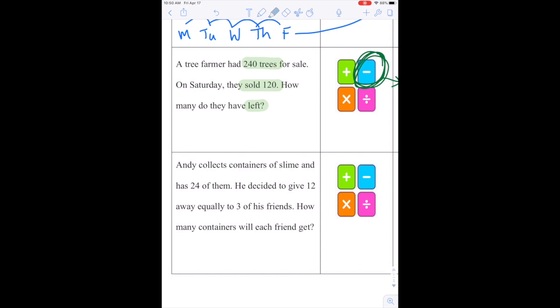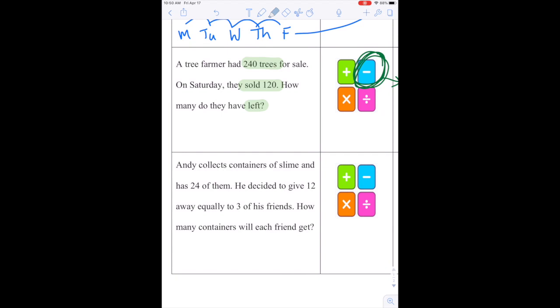He's been collecting containers of slime and has 24 of them. He decided to give 12 away equally to 3 of his friends. How many containers will each friend get? So again, Andy collects containers of slime and has 24 of them. He decided to give 12 away equally to 3 of his friends. How many containers will each friend get?